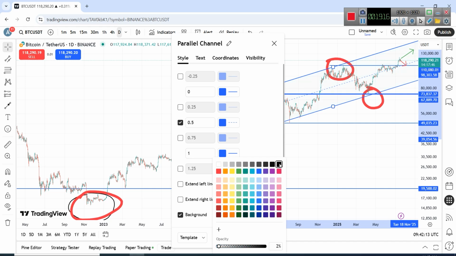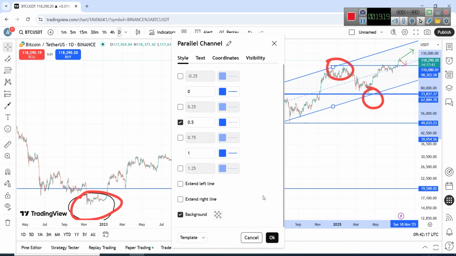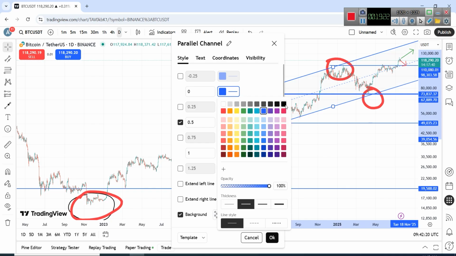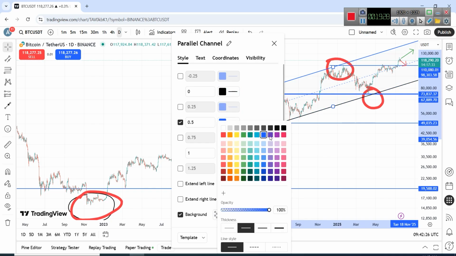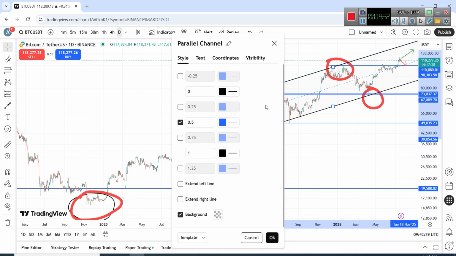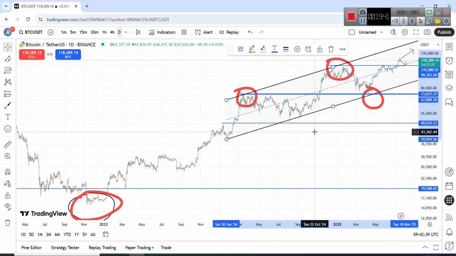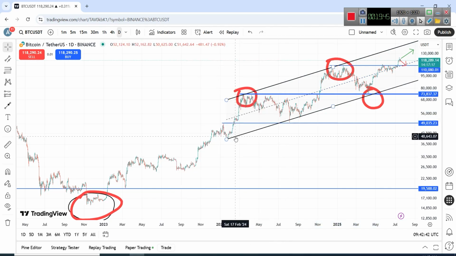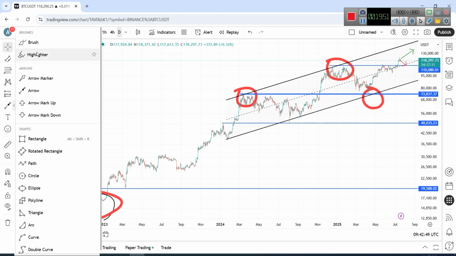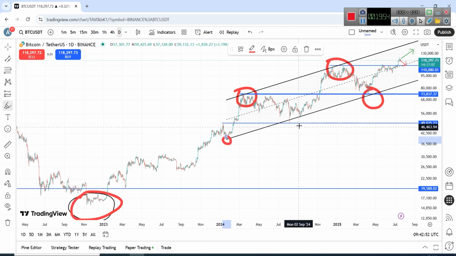I don't want to see the background very much. And we change the color to all black. Okay. And the other one black. And well, do we need the center line? We'll see it.